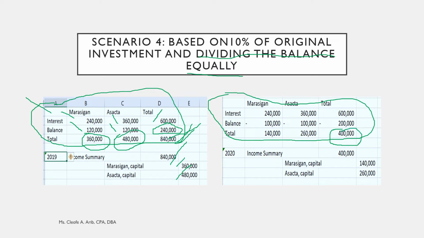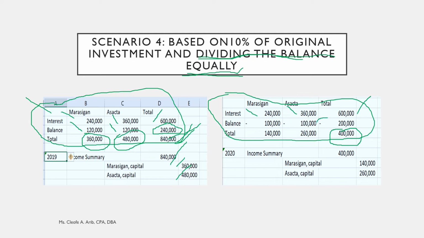Tapos, nag-compute kayo ng interest. 240 will go to Marasigan, 360 to Asakta. That's a total of 600. Ma'am, 600 na yung interest, pero yung income lang namin is 400. So, anong gagawin natin? Ayan, balik tayo. Anong sabi? Any balance will have to be divided equally.